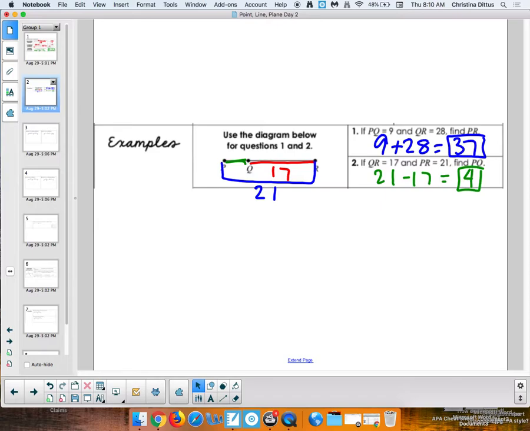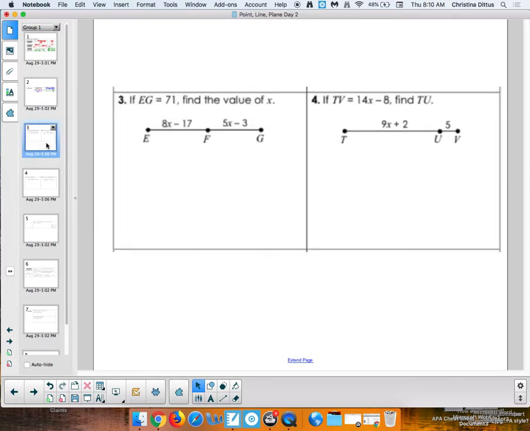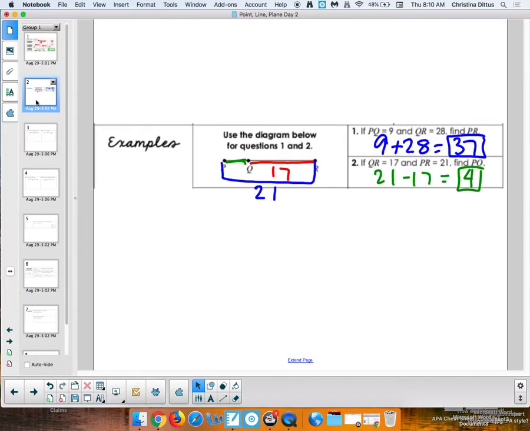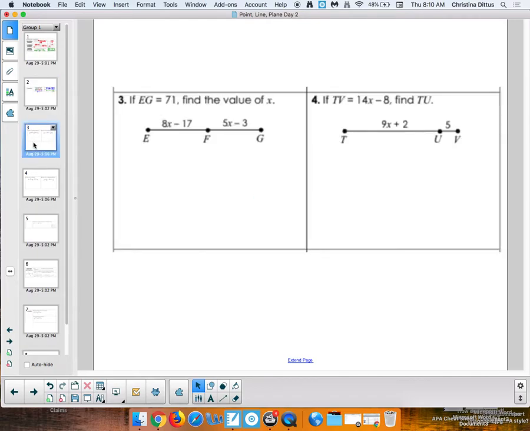All these mean we're just throwing in x's. It's the exact same stuff we were doing here. We just got x's. Okay, so just taking it a little bit further. So, if I know EG is 71, EG is the whole thing, that's 71. And I have 8x minus 17 is EF, and FG is 5x minus 3.